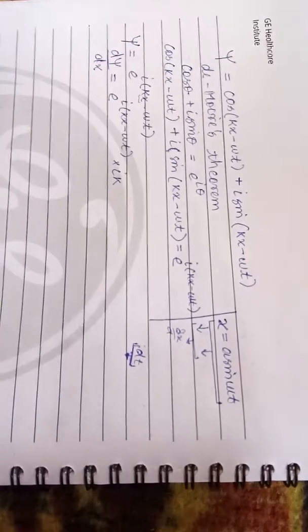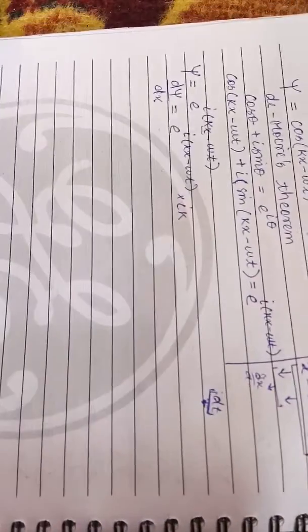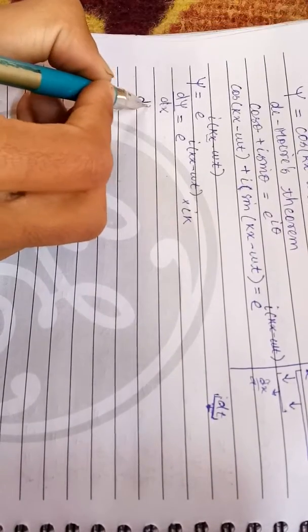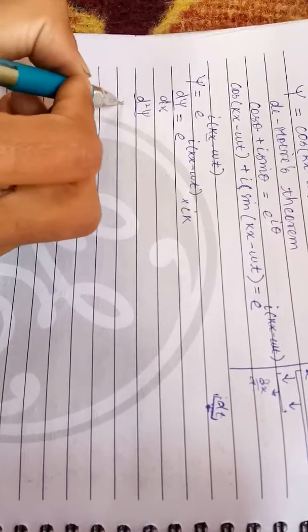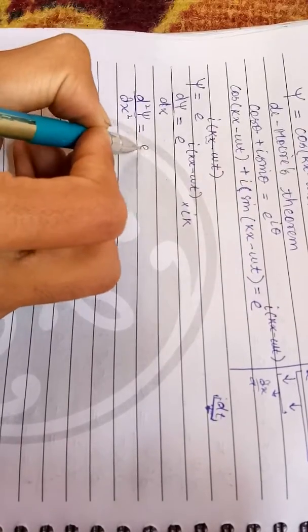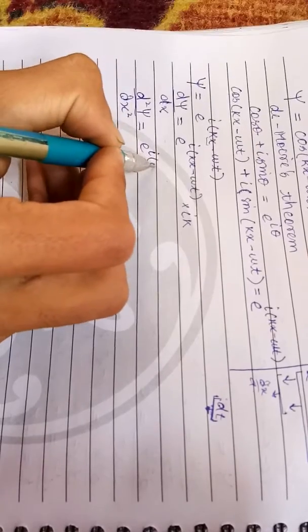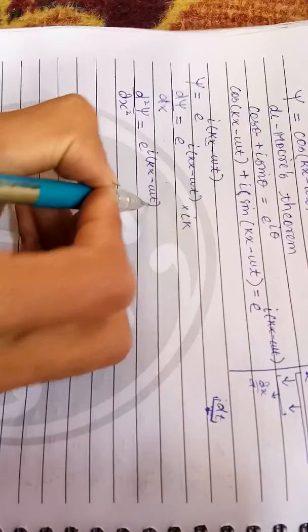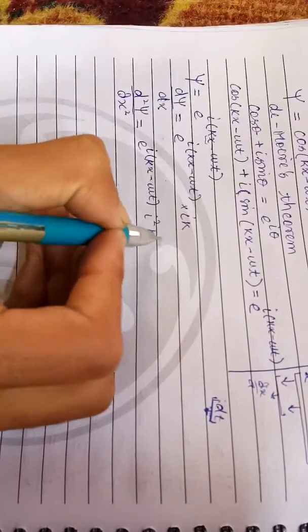Again, let me differentiate this: d2 psi by dx square equals e raised to power i(kx minus omega t) into i square k square.